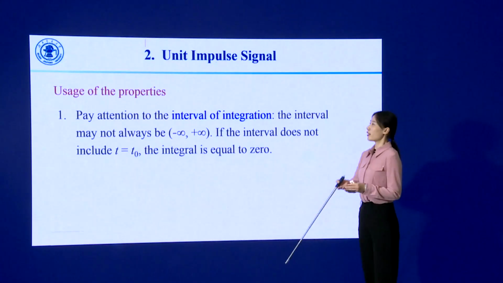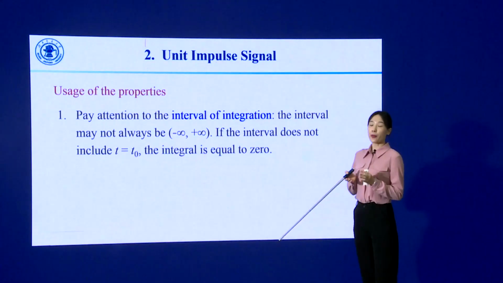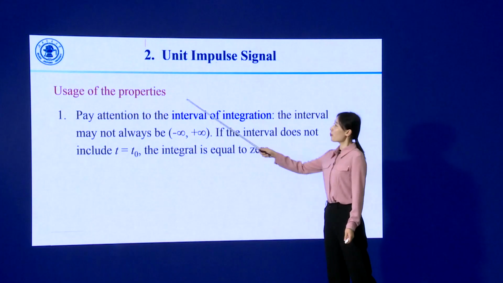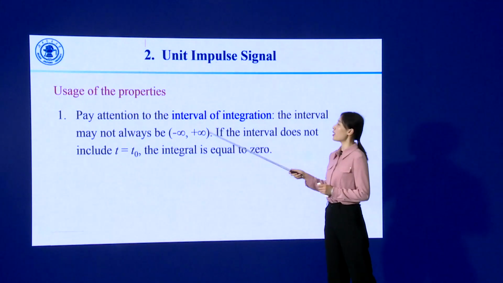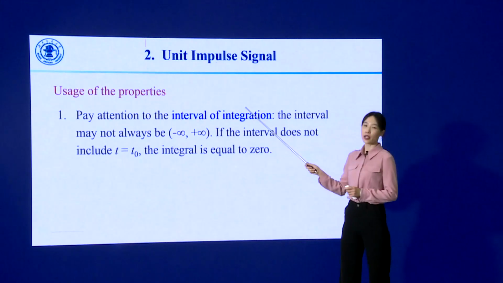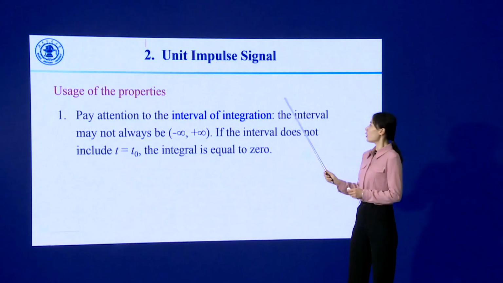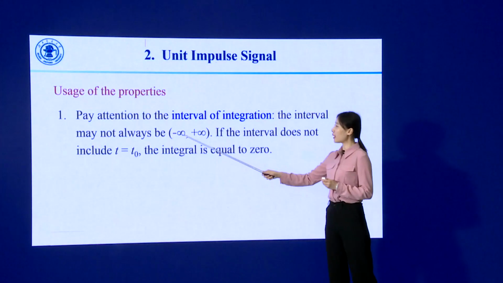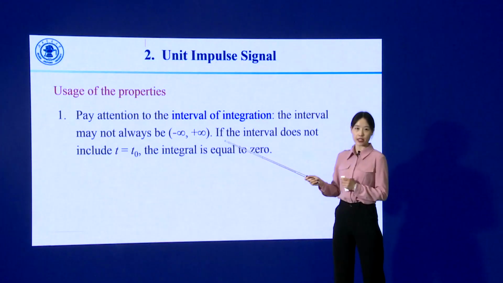Now, let's give the usage of the impulse signal properties. When using the properties, we should pay attention to the interval of the integration. The interval of integration may not always be minus infinity to infinity.